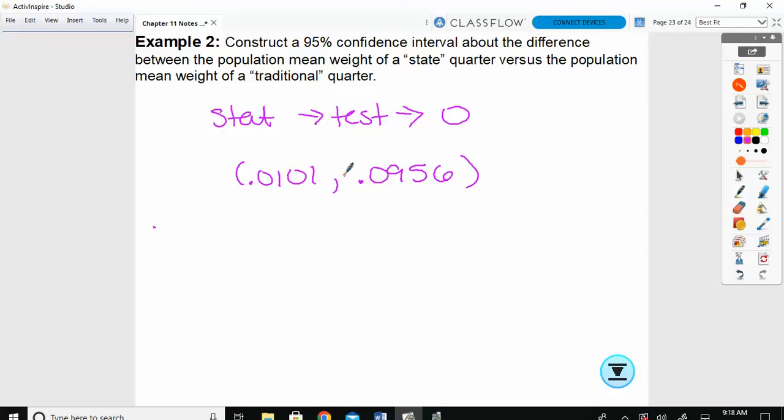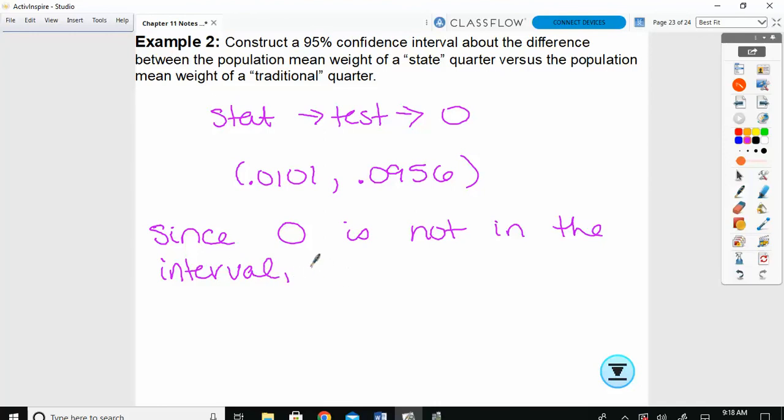Is 0 included in this interval? No. So since 0 is not in the interval, we would again reject the null hypothesis.